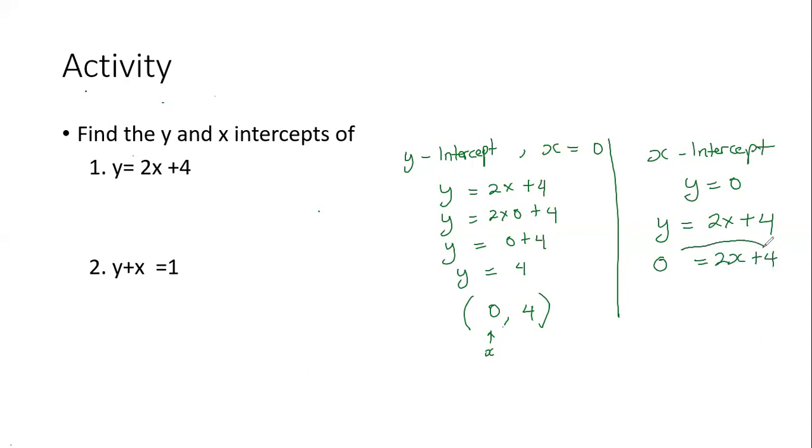Get this 4 and bring it this side: 0 minus 4 is equal to 2x plus 4 minus 4. Negative 4 is equal to 2x. I divide by 2 on both sides, so negative 2 is equal to x. Therefore, I write negative 2, 0. Hope that is okay. Next, a question?